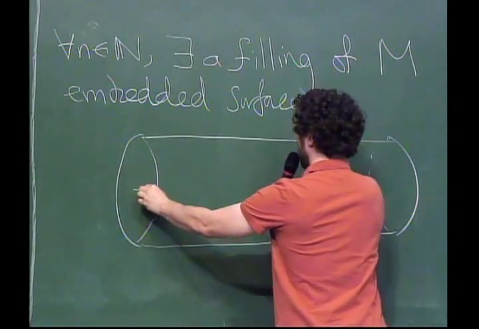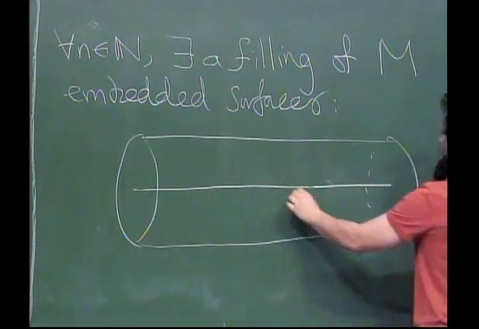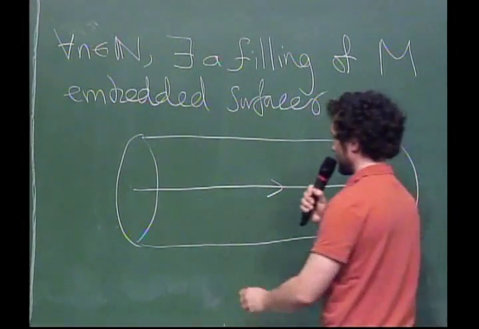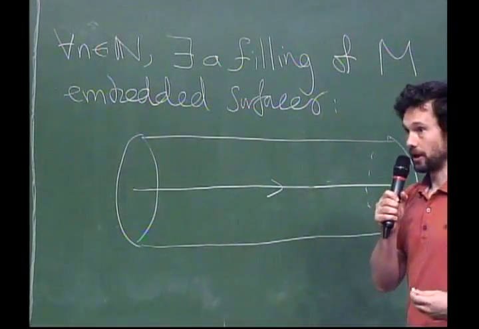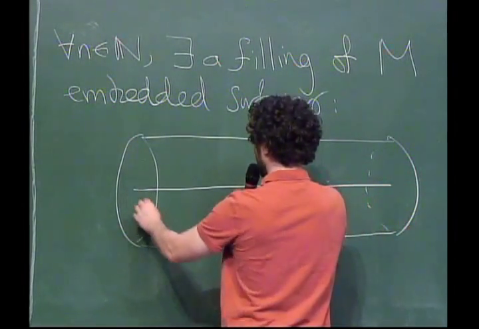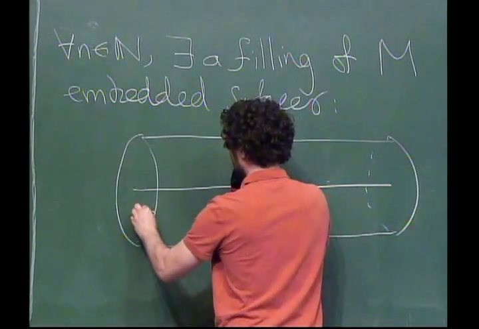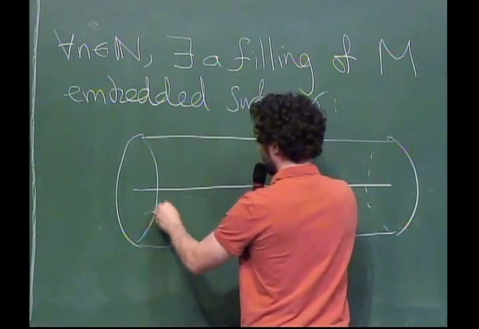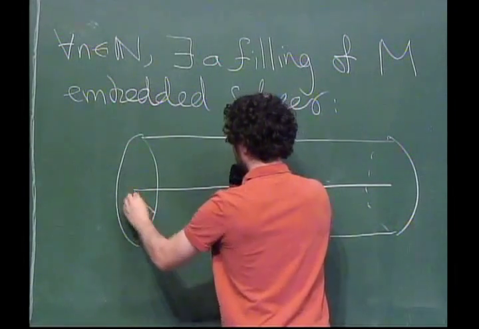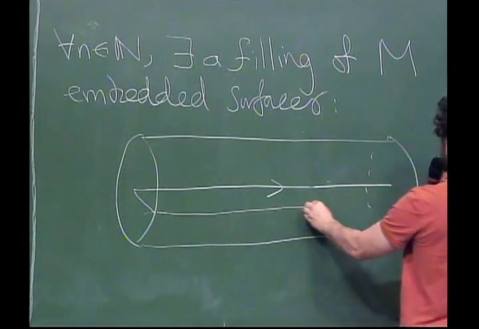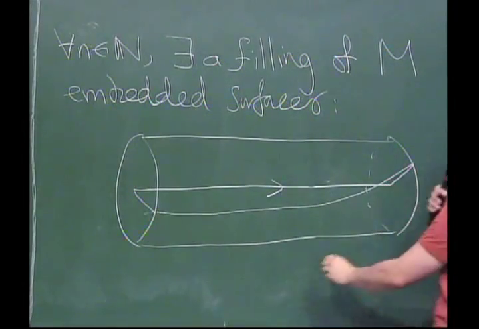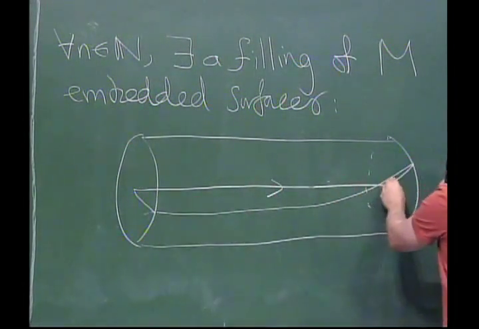So I have the periodic orbit running through the center, and the surface is diffeomorphic to a half-open annulus, and it runs from the boundary to the periodic orbit, and it goes around, say, on the boundary, say, to here, and then we've got some piece of surface here.